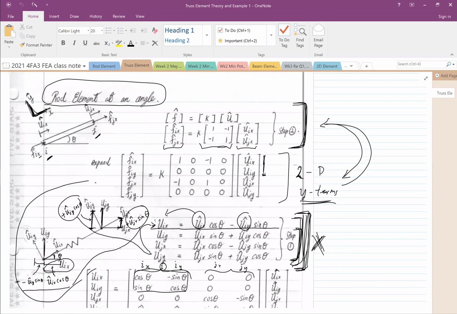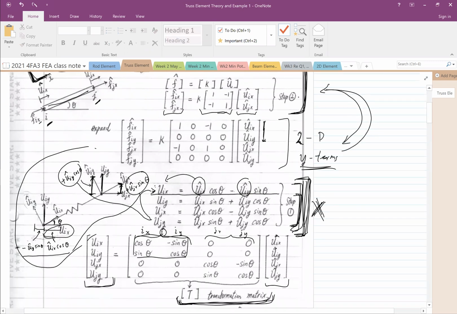Everything stayed the same except the spring element is elevated by some angle, okay? Because it's elevated, it's slanted, right?